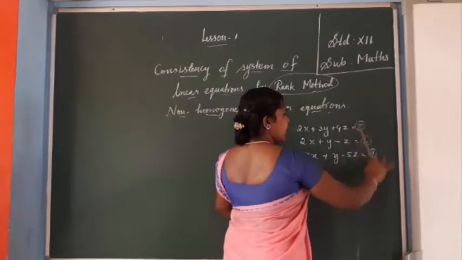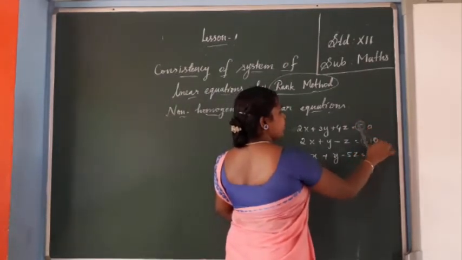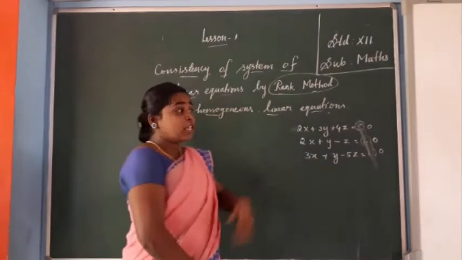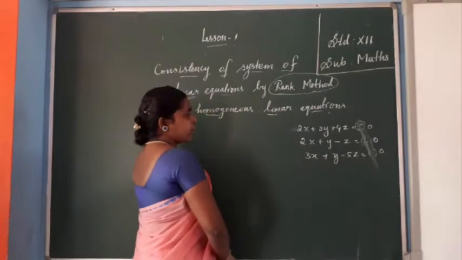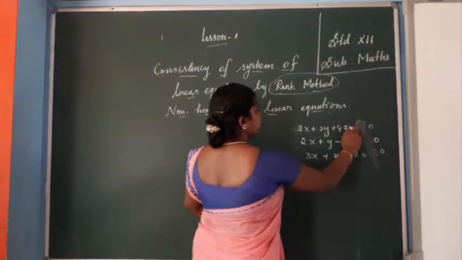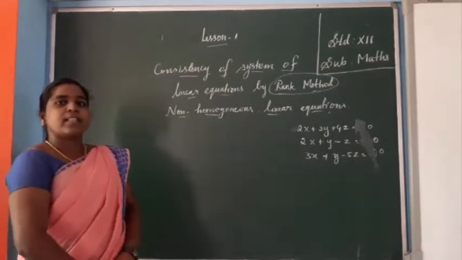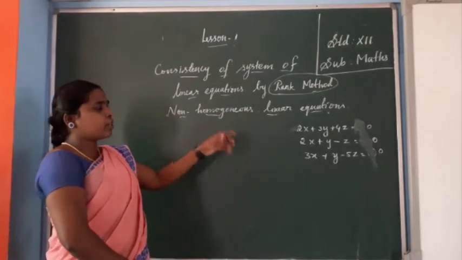If the constant terms are 0, that is a homogeneous equation. So all the constant terms are 0 means that is a homogeneous equation. So that's the difference between homogeneous and non-homogeneous equations.